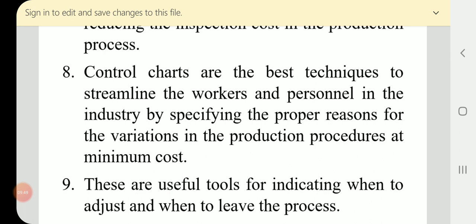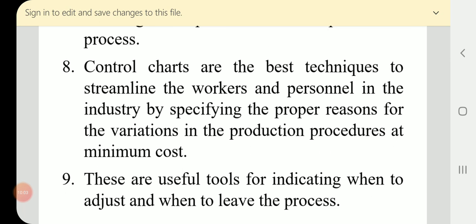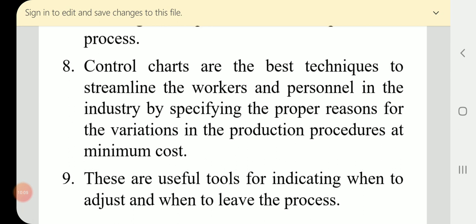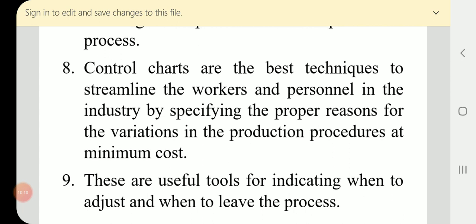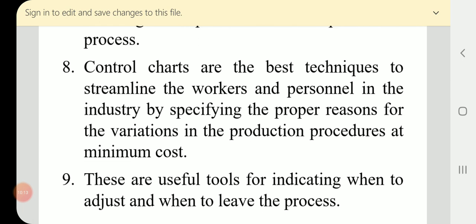If you give warnings at regular intervals of time, whenever you observe some kind of indications, to the workers by supervising, by using the best supervision and giving rules and regulations and specifying the reasons studied regularly to the workers and personnel, definitely they will be streamlined.